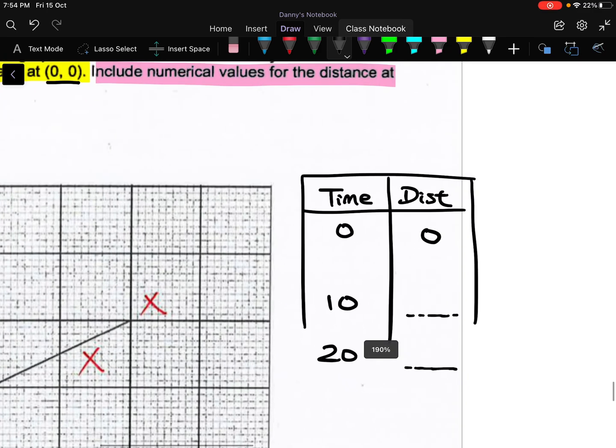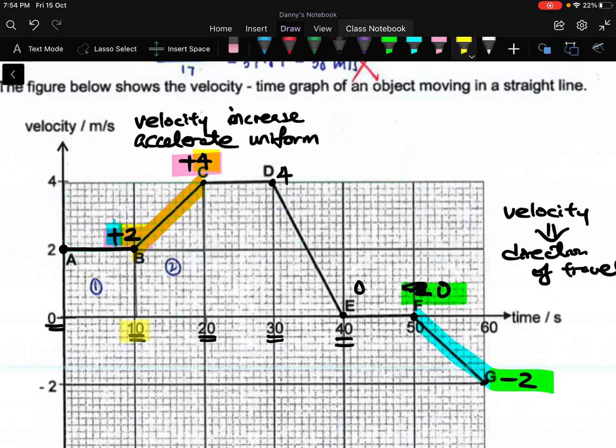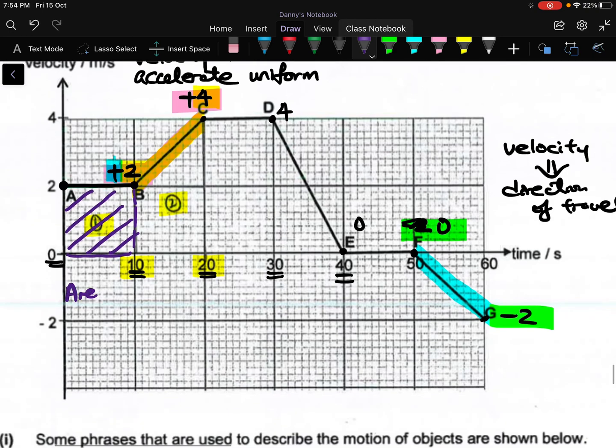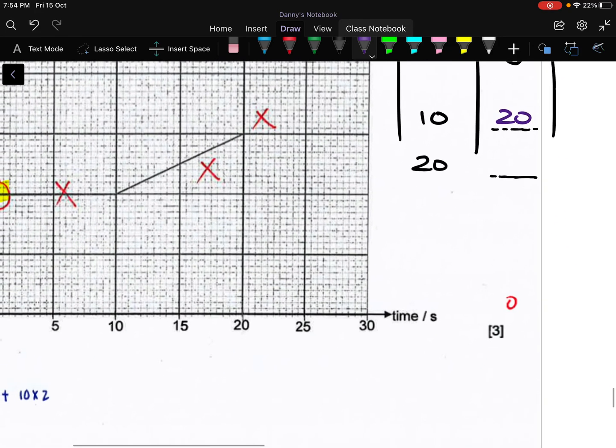So now let's look at this. Time 10 and 20. Let's look for 10 and 20. Okay, got it. You can see that she even put 1 and 2, so she has some idea. At 10, this is the area. So what is the area? Area will be 2 times 10, 20, right? So I will go here, put down 20.